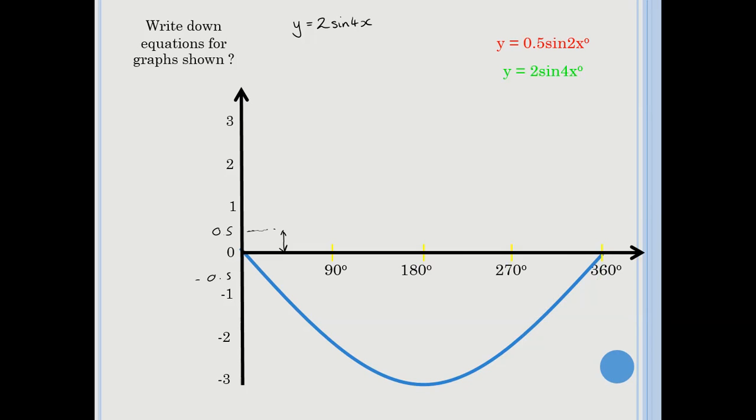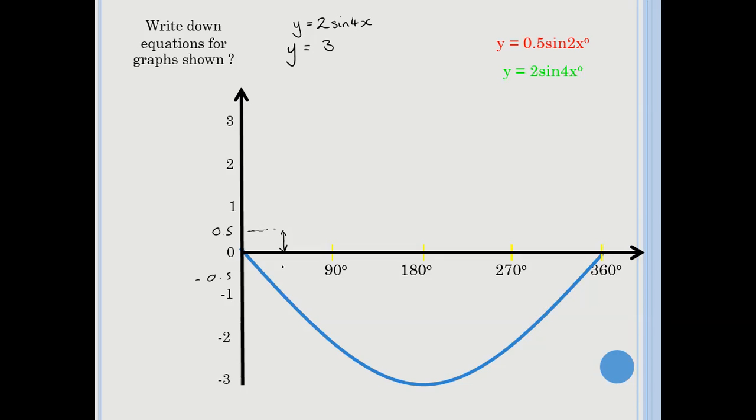Let's have a think about this one. The graph isn't fully repeating itself in this 360 degrees. You're only getting half of it. What we should also notice is that usually a sine graph would start in a positive direction first, and it is going down to negative 3. So what we're going to have to say here is our amplitude is 3.